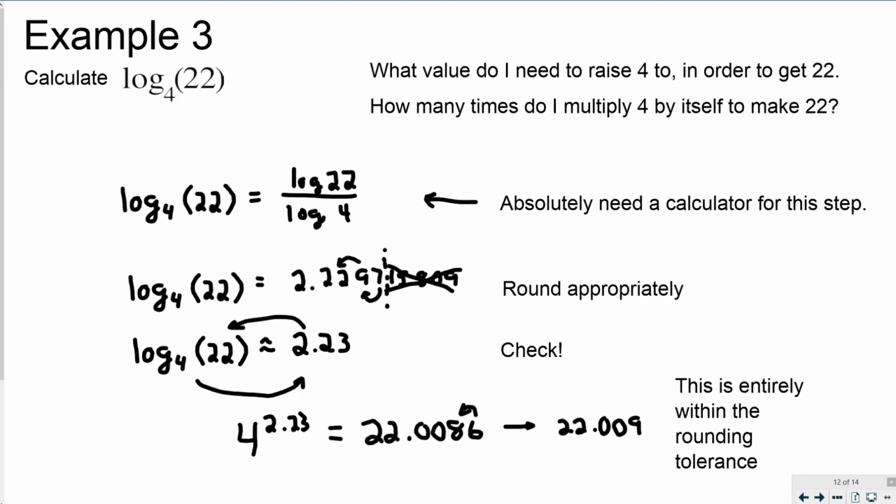If you are more than a couple hundredths off, like 4 or 5 at most, you rounded incorrectly, or you may have the wrong answer. However, in a situation like this, 22.009 is absolutely close enough, entirely within the rounding tolerance, to say that 4 to the 2.23 power is correct. So the log base 4 of 22 is equal to 2.23.